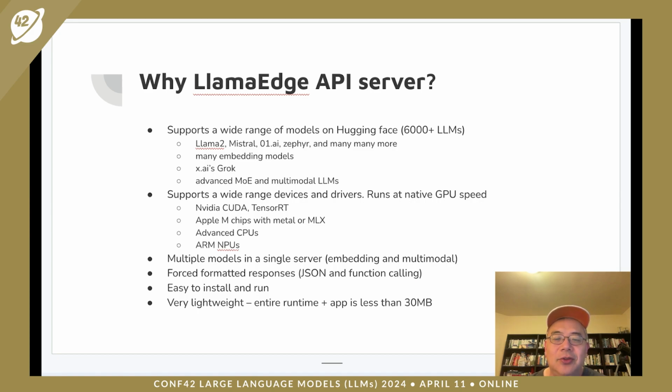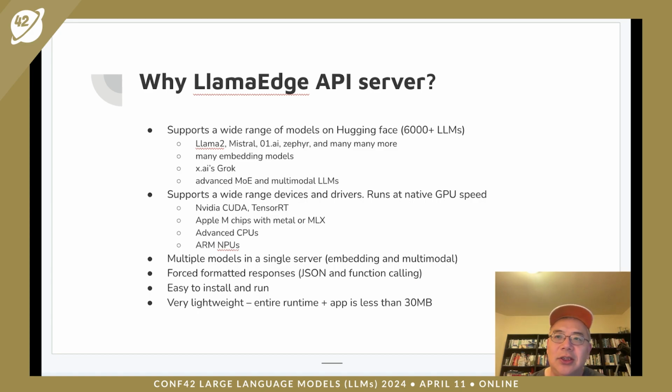On the one hand, it supports a wide variety of models, but on the other hand, it also supports a wide range of devices, because once we start to run on our own devices in our own cloud, we have to deal with many different types of devices, different GPUs, different CPUs, different graphic cards, different accelerators, and all that. So the architecture of llamaedge, because it's based on the wasm-edge runtime, which we will get into in a minute, provides an abstraction layer that abstracts the application from the underlying runtime and the hardware.